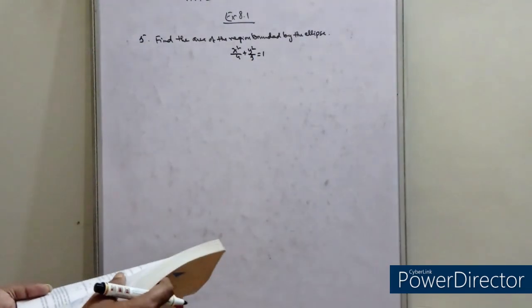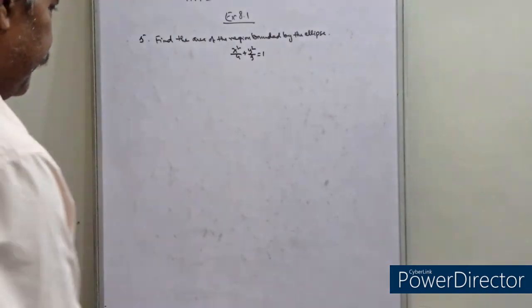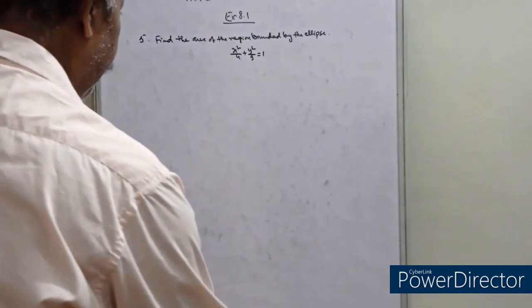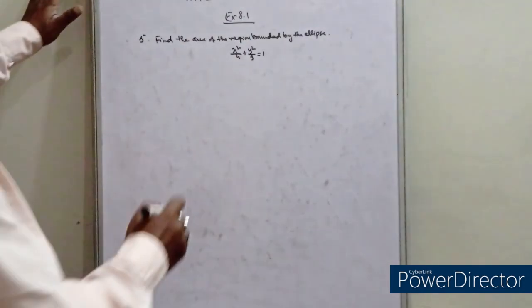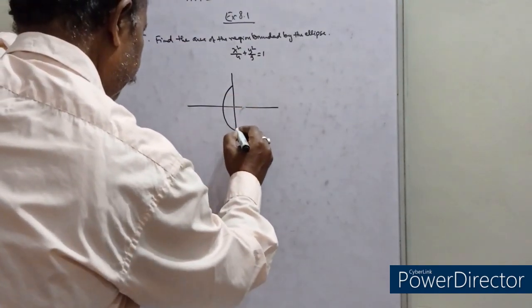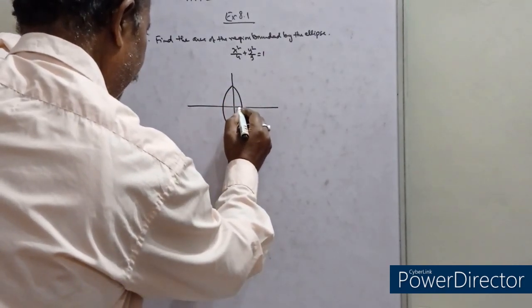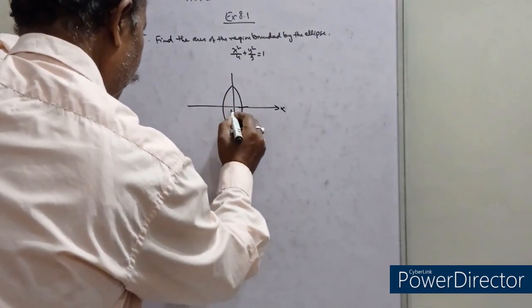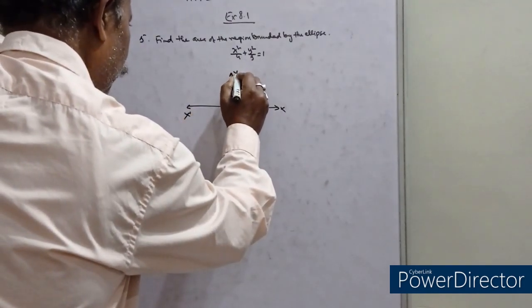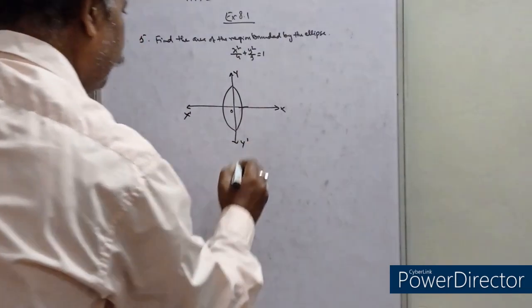So now again, you see that this is an equation of an ellipse, but since a is less than b, that is 2 square is less than 3 square, the graph of this ellipse will be like this. Your axes will be along the y-axis, x, O, x dash, and y, O, y dash.